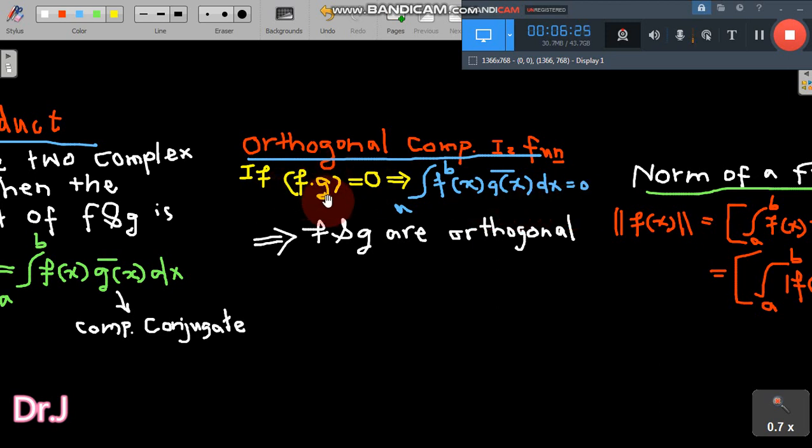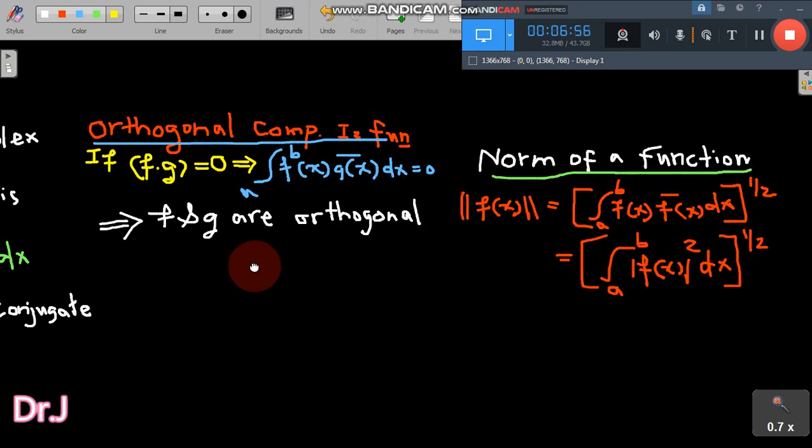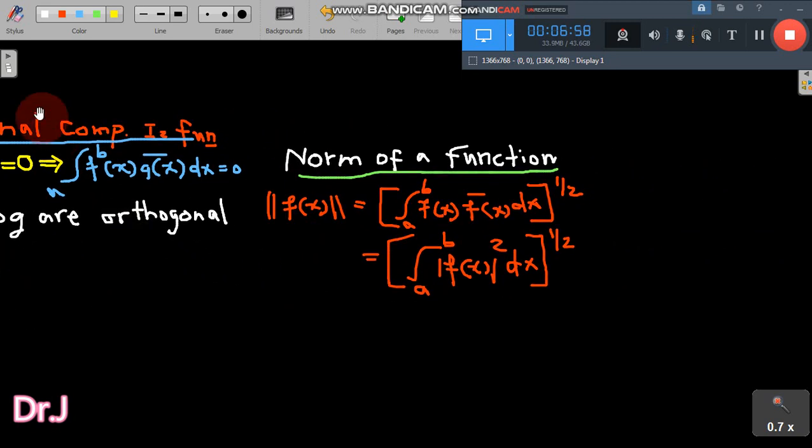Then f and g are called orthogonal complex L2 functions. Its inner product must be equal to 0. You take f of x and the conjugate of g of x, find the product, integrate over a to b, and that value is 0. Then we say that f and g are orthogonal to one another.